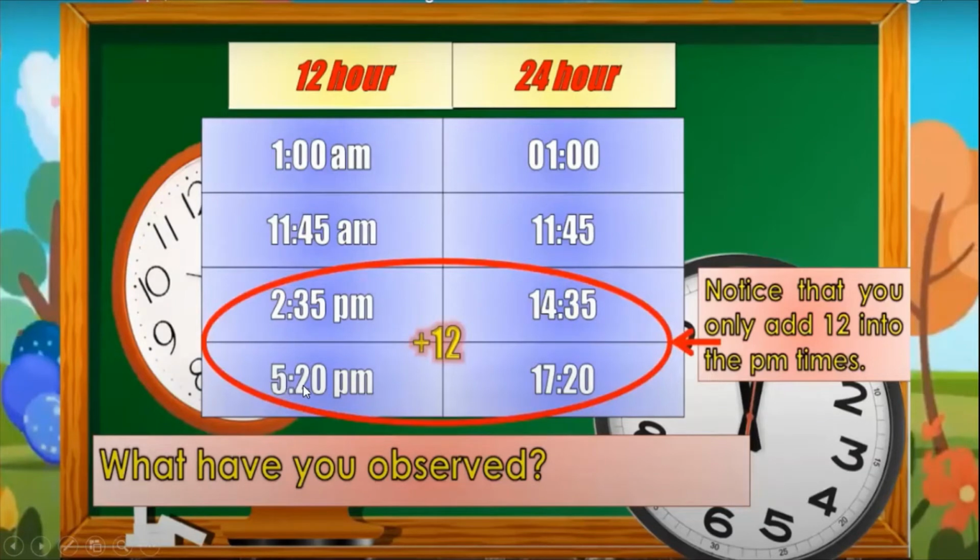We have 5:20 p.m. For the 24-hour clock system, we have 1720 hour. So what have you noticed? We just add 12 in the p.m. times. So 2:35 just add 12 makes 1435. 5:20 just add 12, that makes 1720 hour.